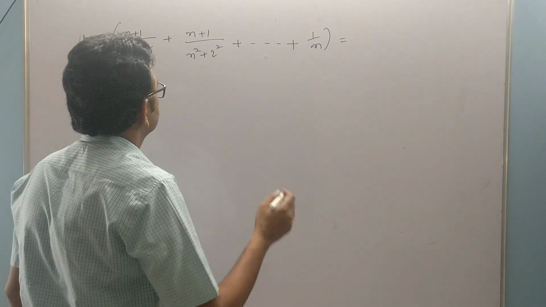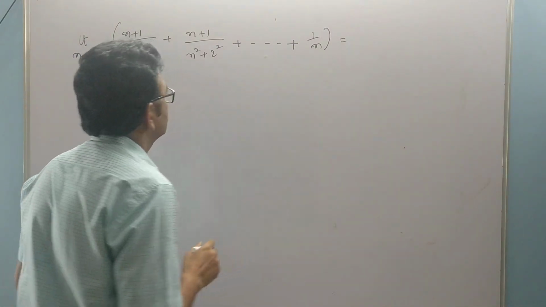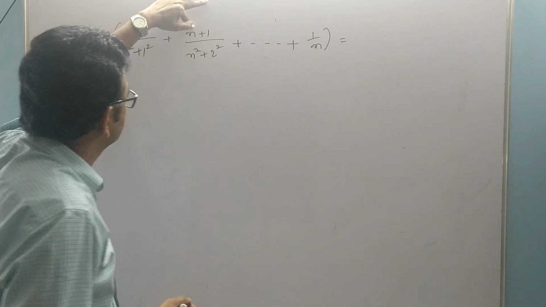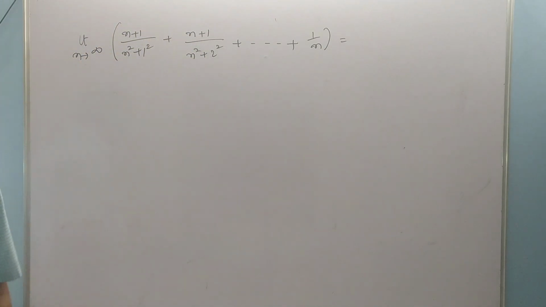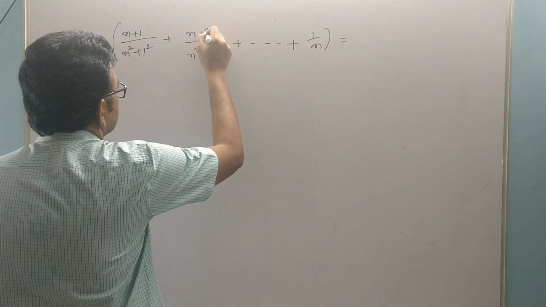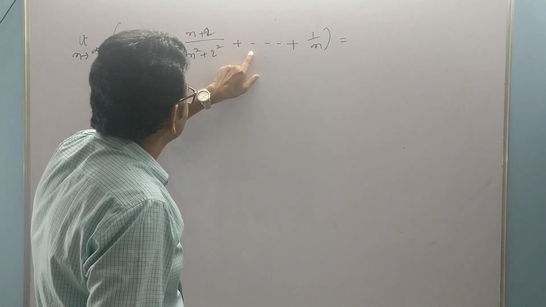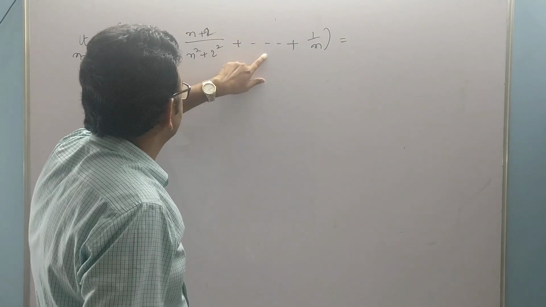What about the last one? This is not n plus 1, that is n plus 2. Next one is (n plus 3) by (n square plus 3 square) and so on.